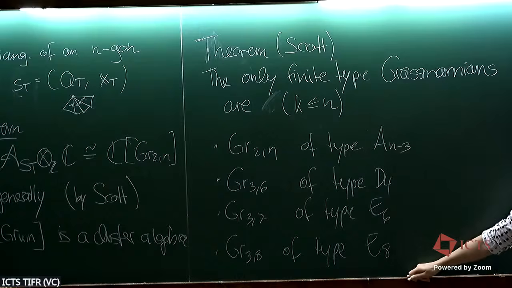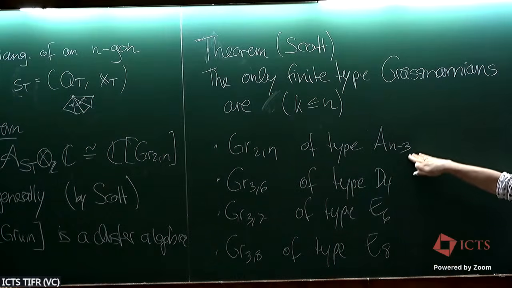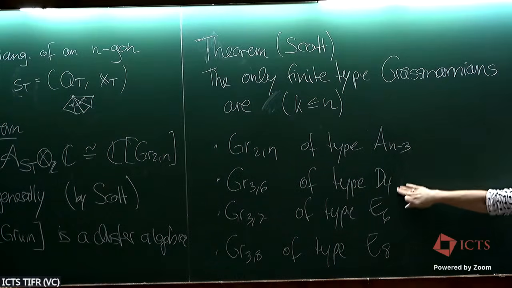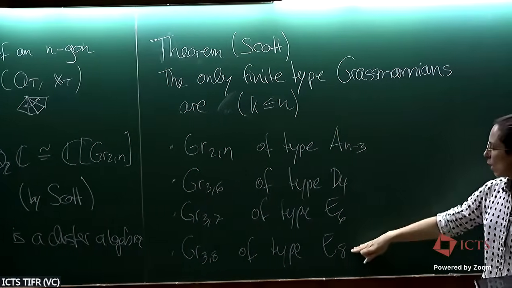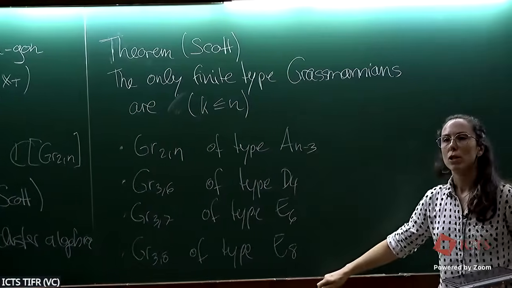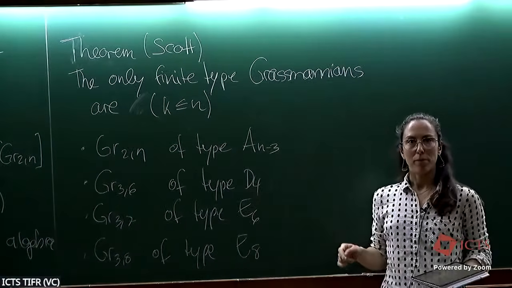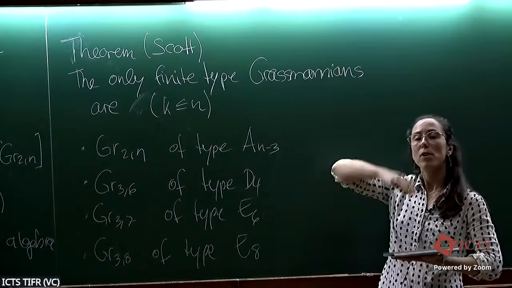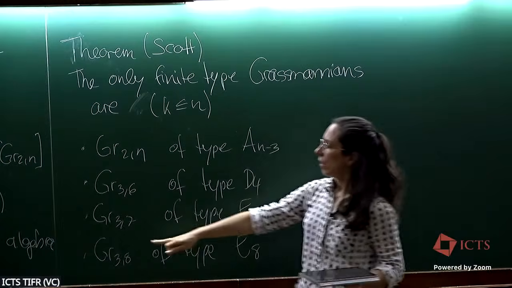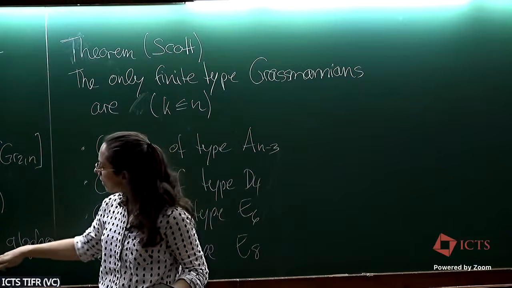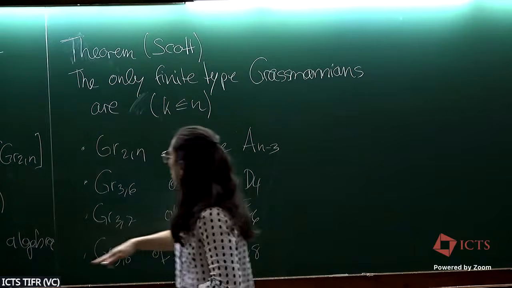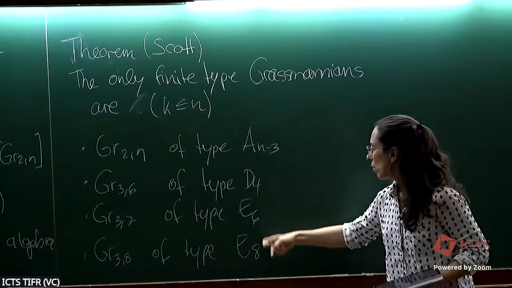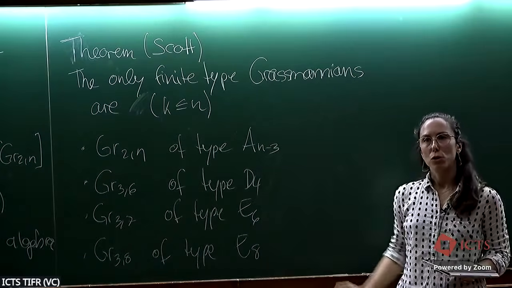So you can see the index of these Dynkin diagrams is lower than the dimension of the Grassmannian, but this is because I am only considering the mutable part of the quiver. The number of vertices of the quiver that I need to generate this cluster algebra is the dimension of the Grassmannian plus 1. And this is just the number of mutable vertices in each of those quivers.